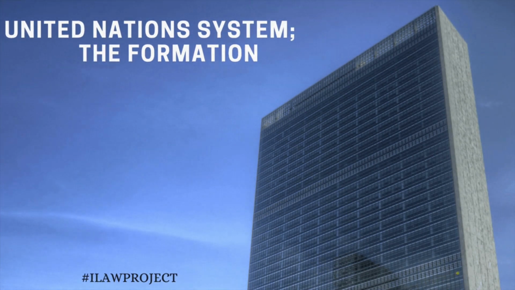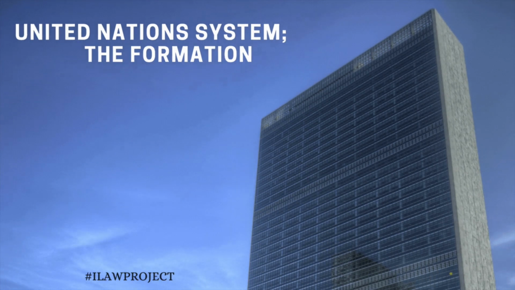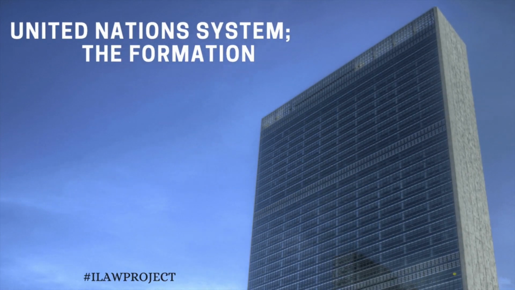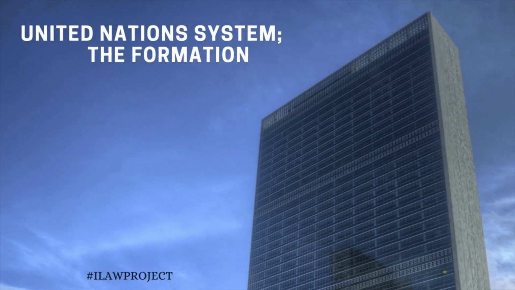According to Chapter 1 of the UN Charter, the UN Charter is the constitutive instrument of the United Nations, and we can think of this as the constitution of a country.